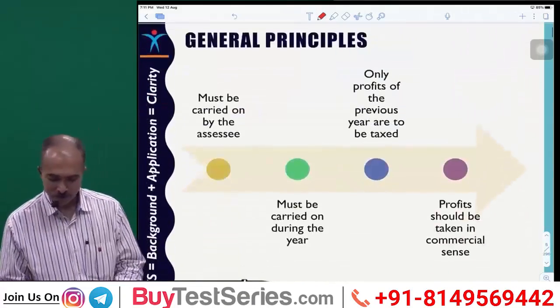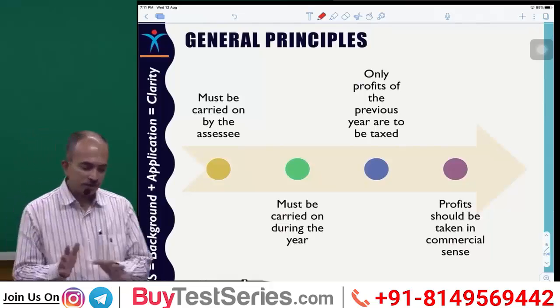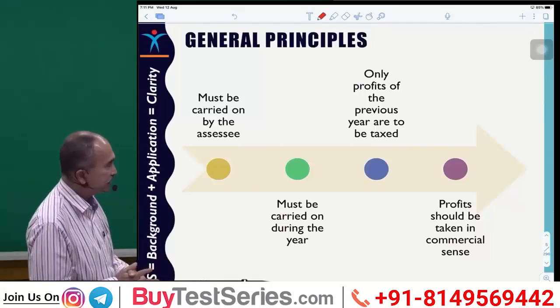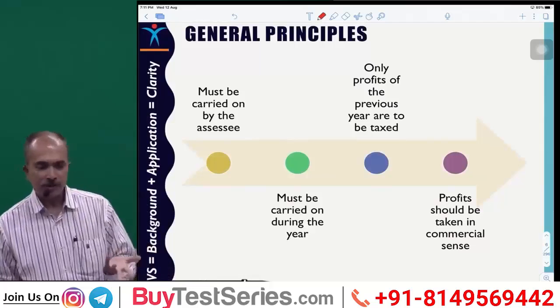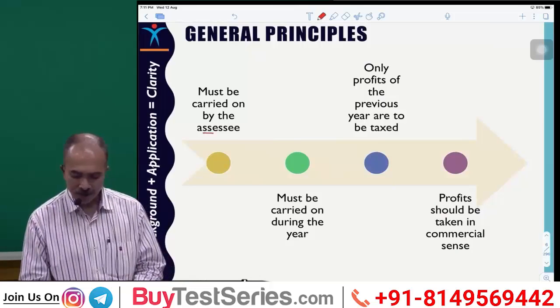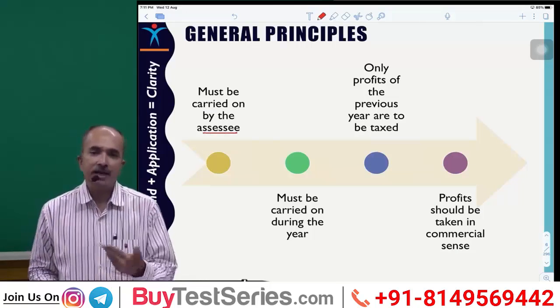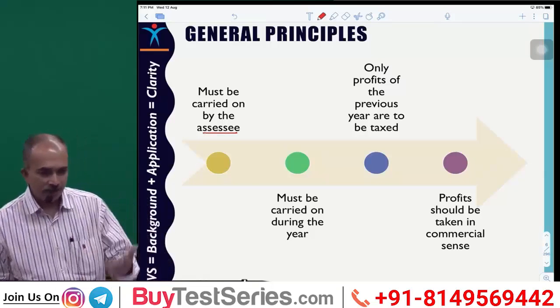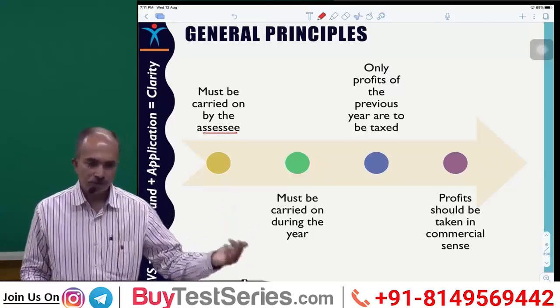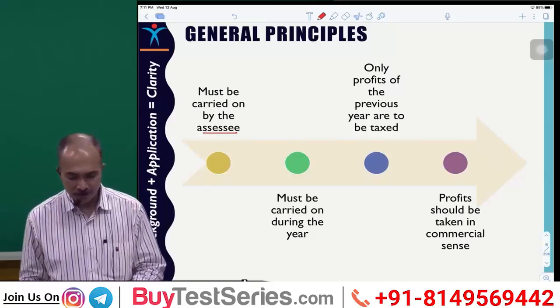Okay. Now talking of some general principles as far as this head of income is concerned, business or profession should be carried out by the assessee. When I say carried out by the assessee, it does not mean physically he should be doing it. You can appoint managers, employees, your representatives to do it on your behalf.